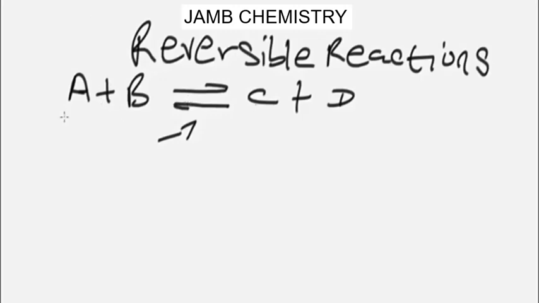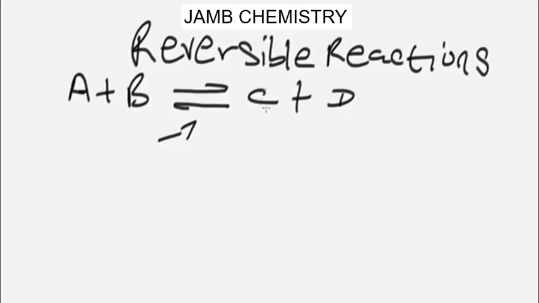Basically, reactants A and B can react to form C and D products, or in the reverse reaction, C and D can react to form A and B as well.